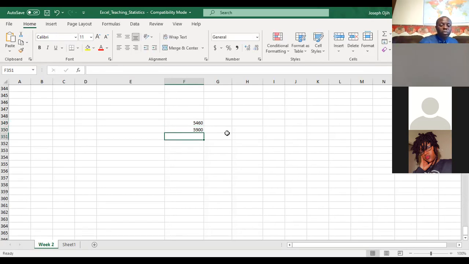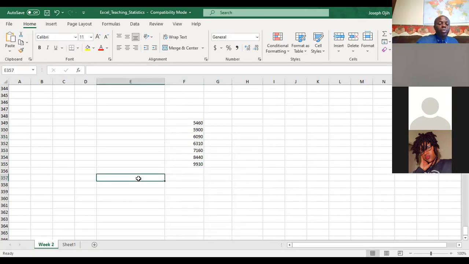6,090 home fires started by candles, 6,310, 7,160, then 8,440, and then 9,930. So that is 1, 2, 3, 4, 5, 6, 7.